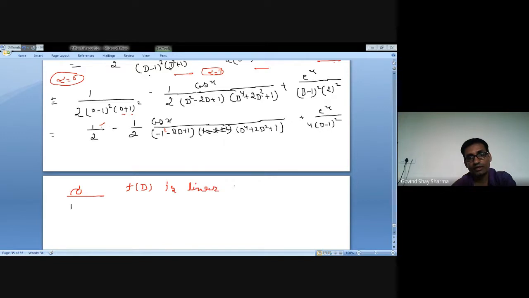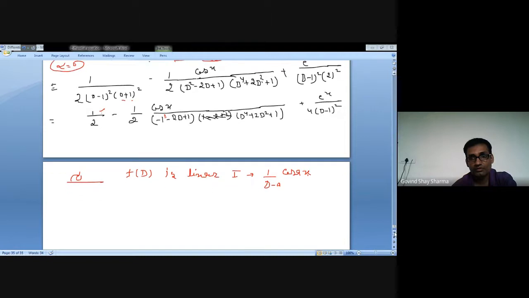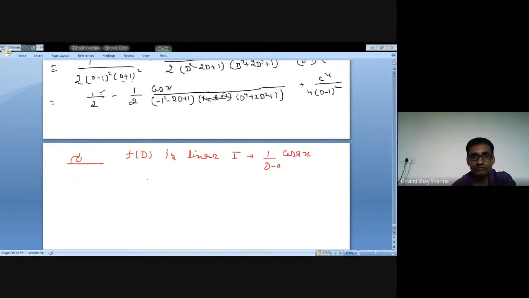So we can take the first case, 1 upon d minus a, cos ax. d minus a, we multiply by d plus a, and cos x, because we can replace d square with minus a square.